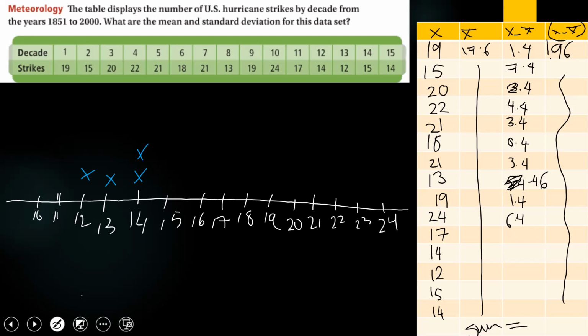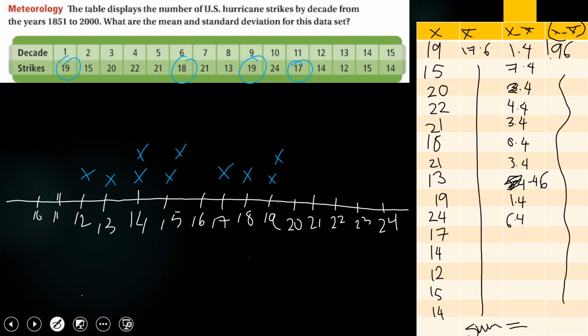How many 15? We have 2. How many 16? There is none. How many 17? We have 1. So we put 1. How many 18? We have 1. How many 19? 1 and 2.